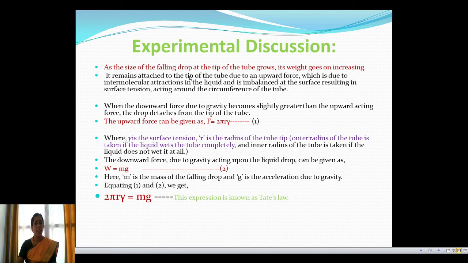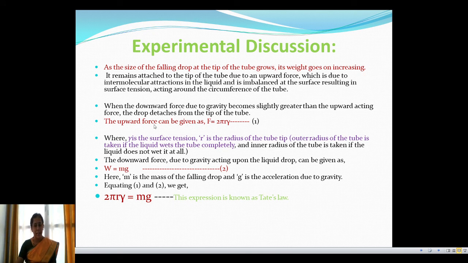But it remains attached to the tip of the tube due to an upward force, which is due to the intermolecular attraction in the liquid, imbalanced at the surface, resulting in surface tension acting around the circumference of the tube. When the downward force due to gravity becomes slightly greater than the upward acting force, the drop is detached from the tip of the tube.